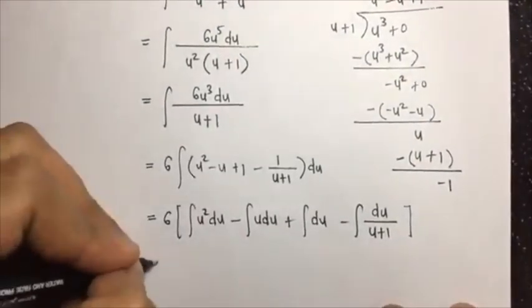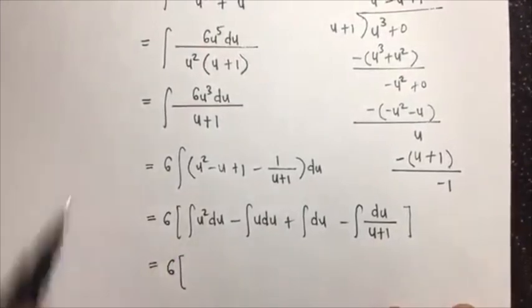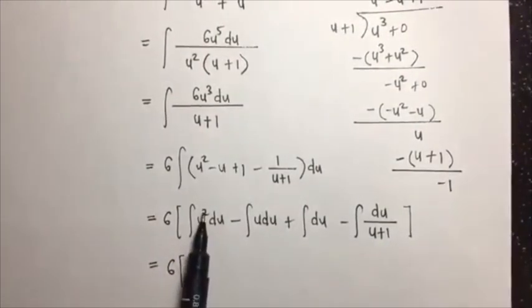Okay, so integrating, we'll have 6 times integral of u squared du.